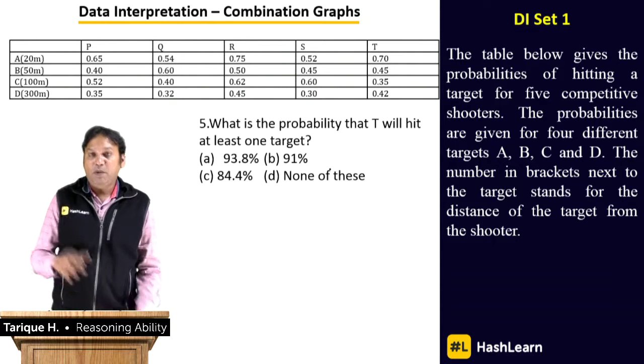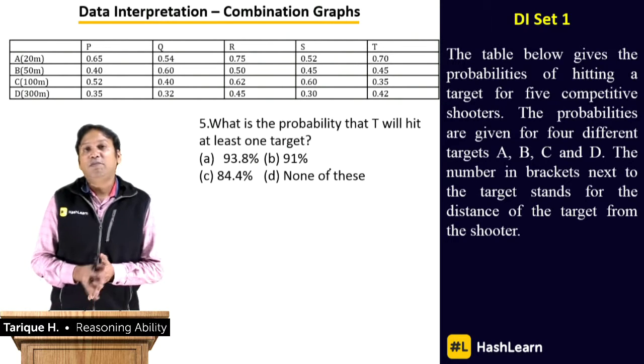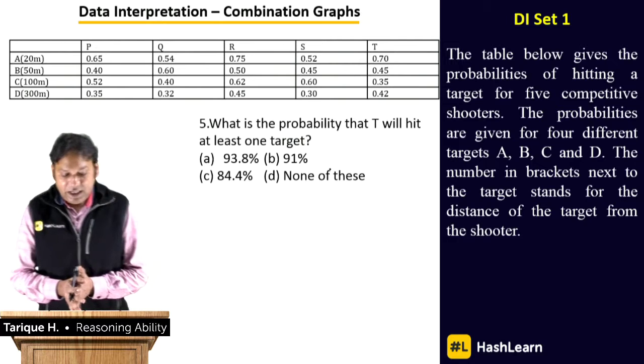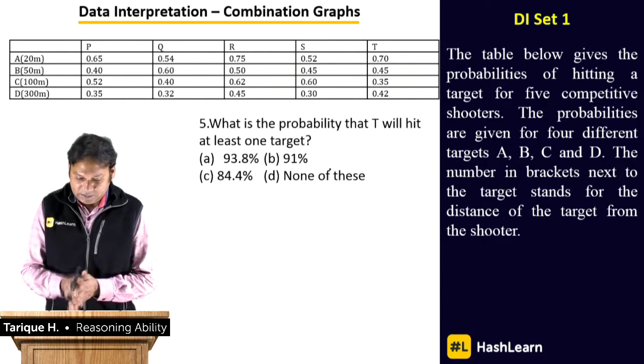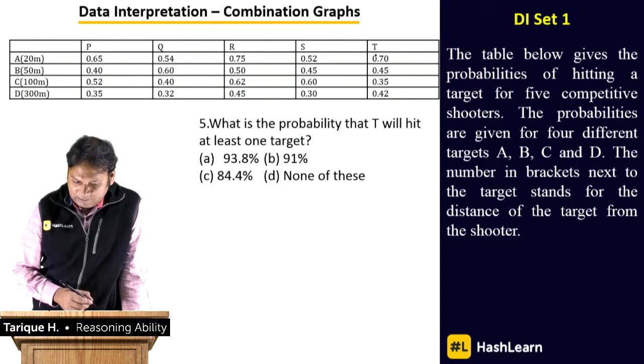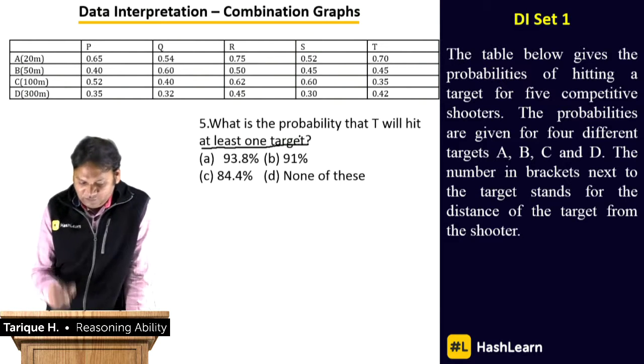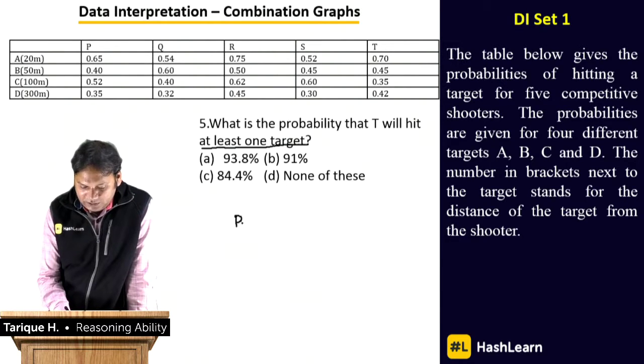What is the probability that T will hit at least one target? So how will you solve this question? Okay, so here we have 4 targets and T will hit at least one target. So we'll find out, first of all, the probability that T will not hit any target.